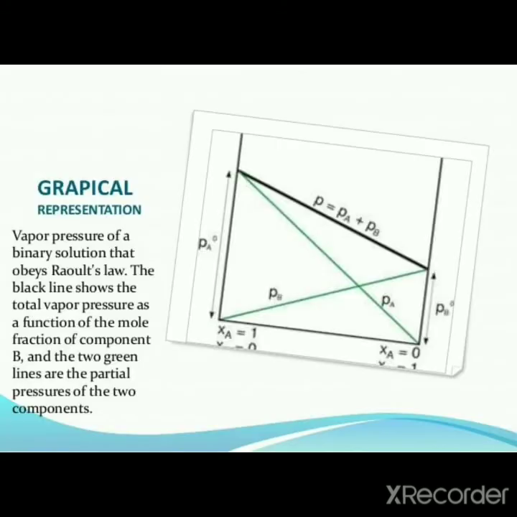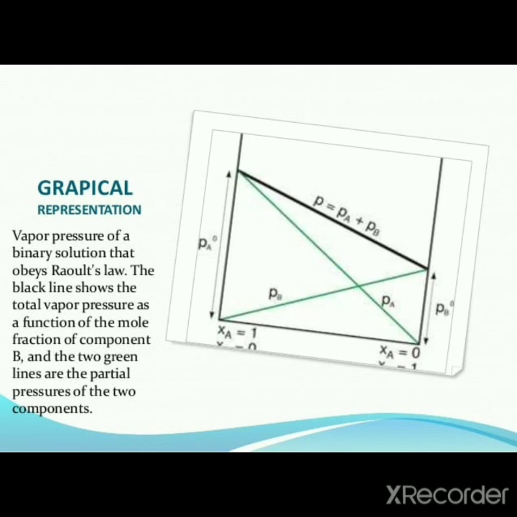In this graph, the vapor pressure of pure component A is greater than the vapor pressure of pure component B. So which component is less volatile? Since the vapor pressure of B is less, it is less volatile. So B is less volatile than A. We can take either component A as less volatile or component B as less volatile. So there are two cases.